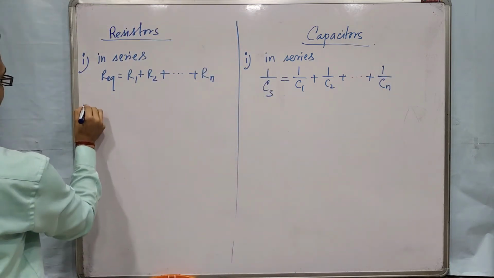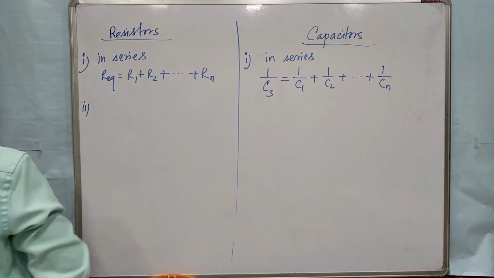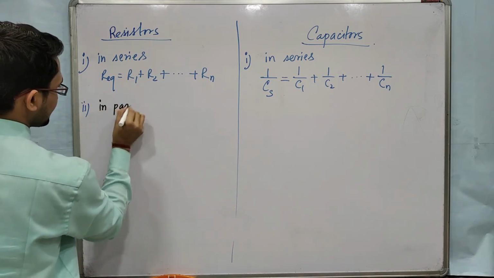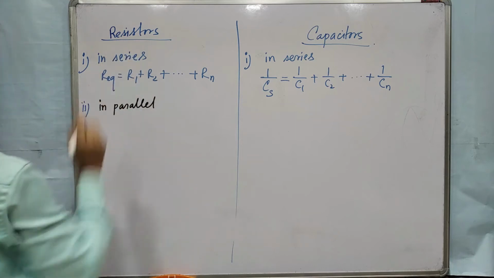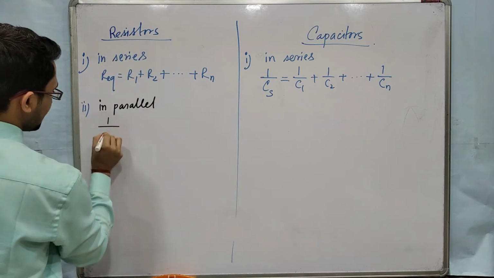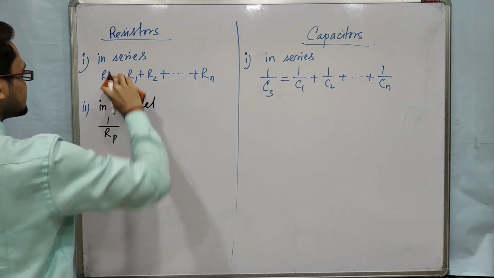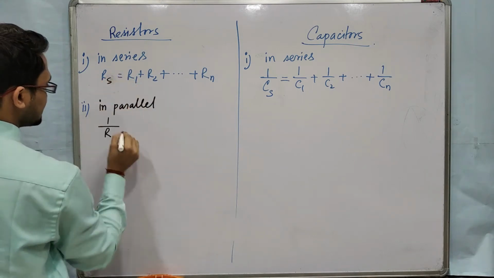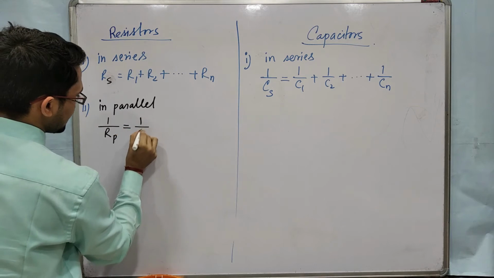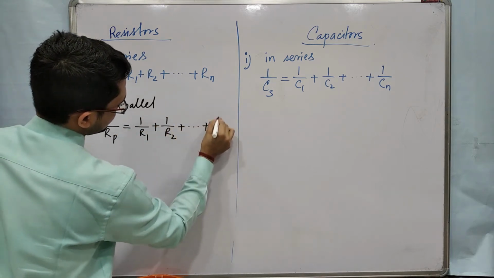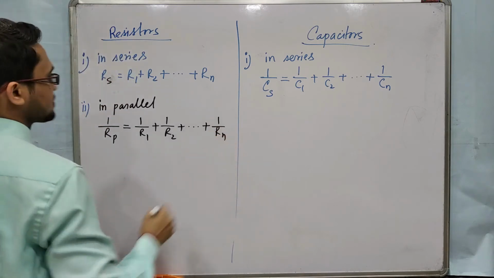Second point, look at the second point. If resistances are in parallel, then 1 by Rp equals 1 by R1 plus 1 by R2 plus dot dot dot 1 by Rn.